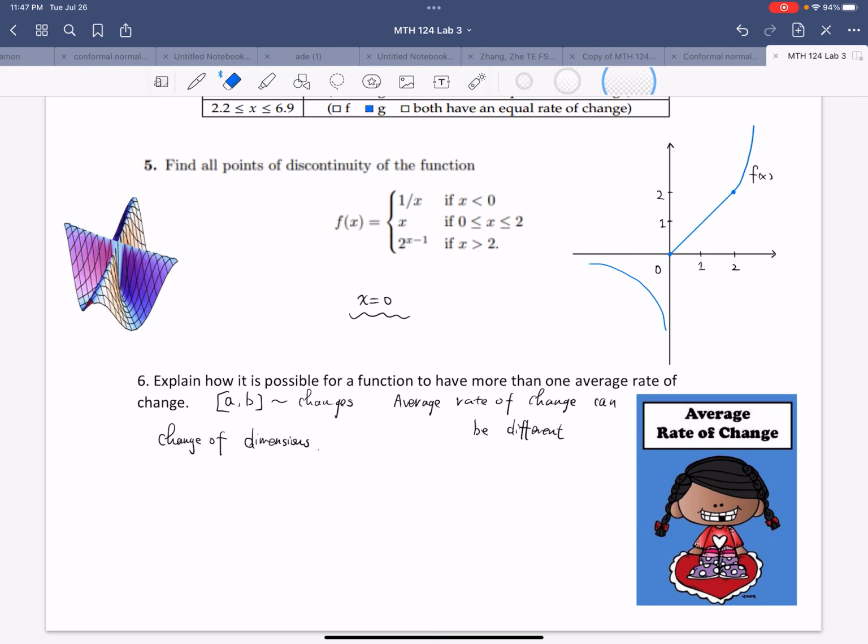You take any nonlinear function, you will see this phenomenon, right? For example, for a quadratic function, when you change the interval you take, the average rate of change varies.